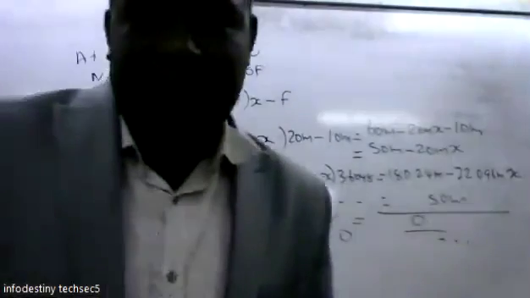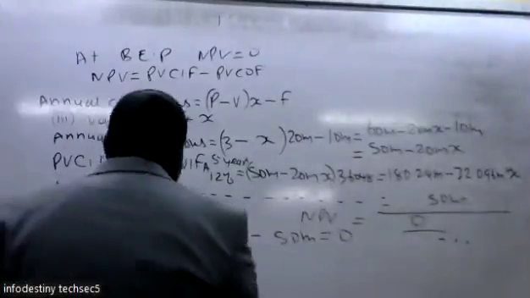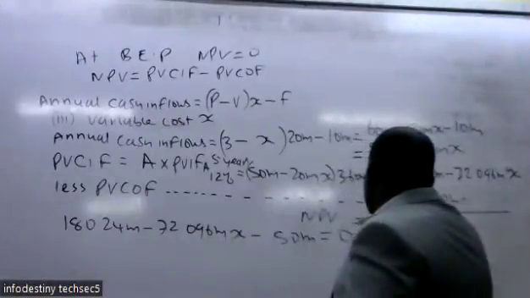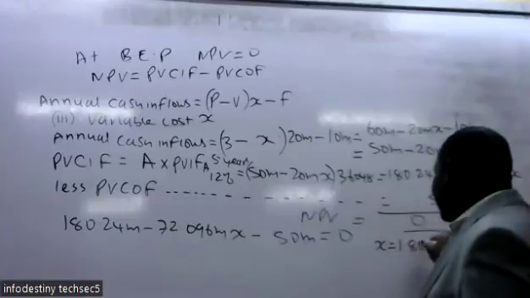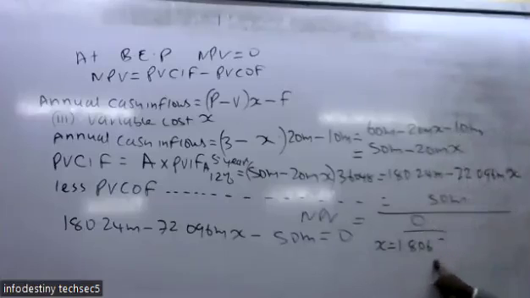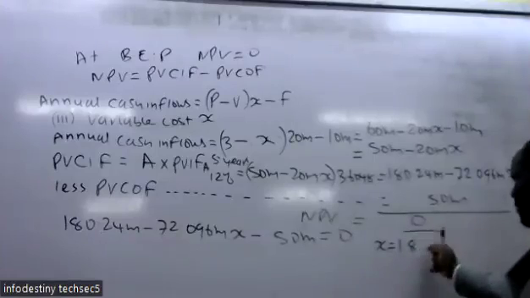X is going to be 1.8. What is the exact figure? Let us round off to 2 decimal places: 1.81. So we have it as 1.81.